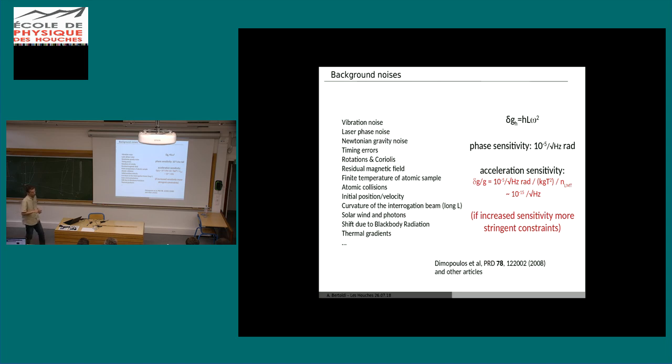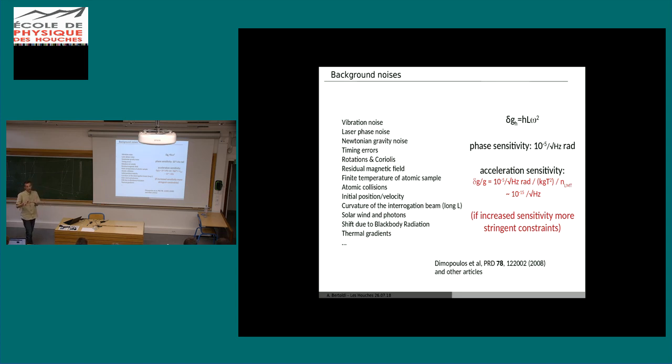So we can quickly read this list. There is vibration noise. We extensively considered vibration noise before. There is laser phase noise. You eliminate it with a single photon transition. There is Newtonian gravity noise. On ground, as we'll see, it is a limiting factor. In space, you have to carefully design the satellites and everything, no moving parts and so on. There are timing errors.